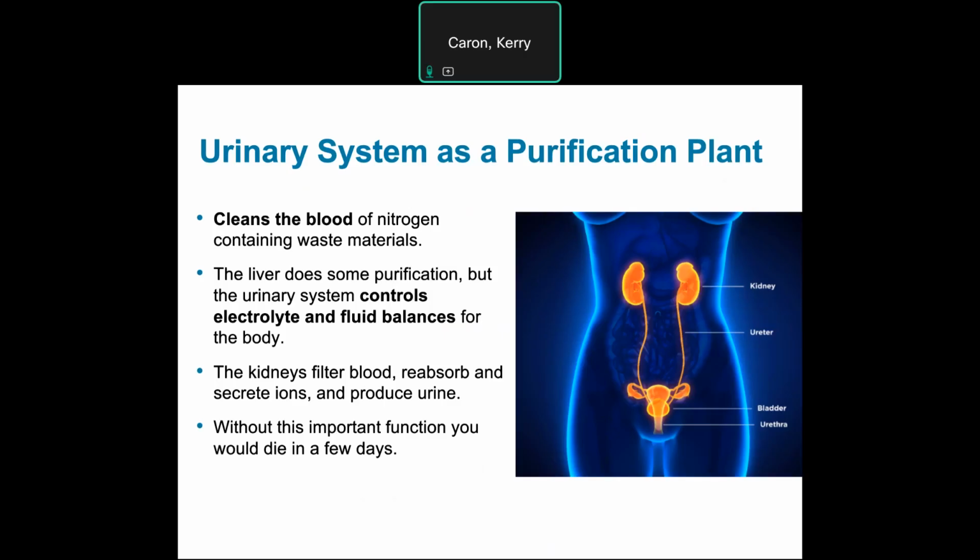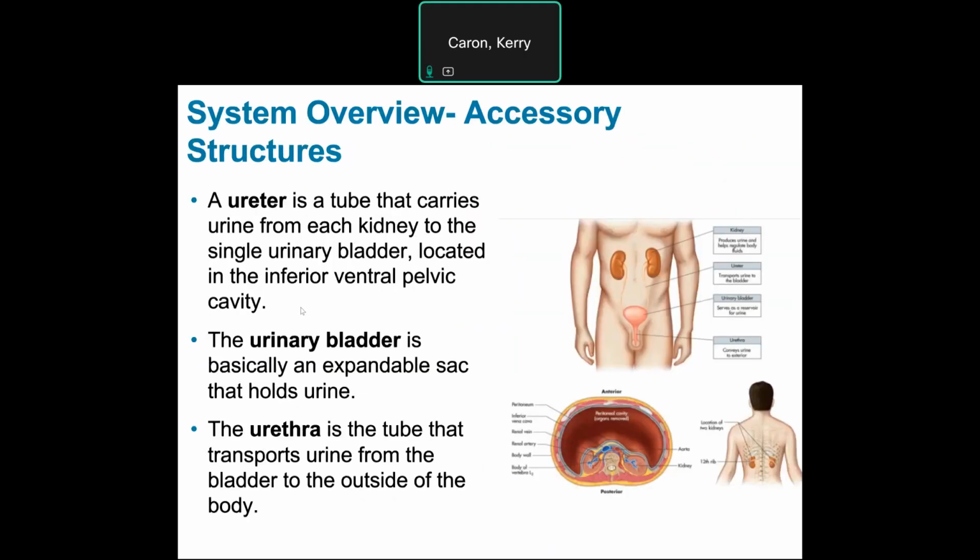Without this system functioning, we die in a few days. Next, we mentioned the ureters. Those are the two tubes coming from each kidney that connect to a single urinary bladder. The bladder is an expandable sac that holds urine. The urethra is the tube that transports urine from the bladder to the outside of the body.